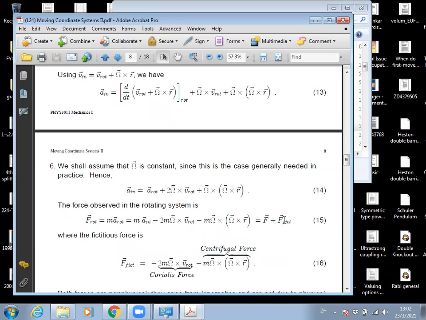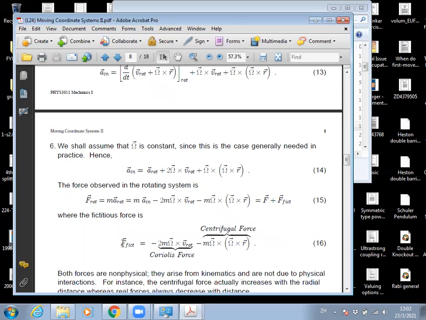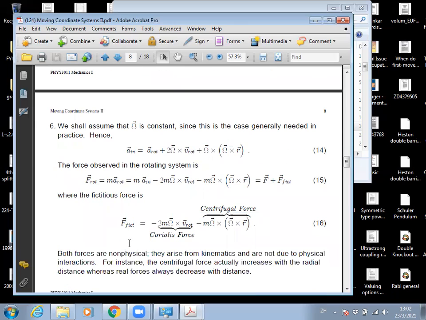We call this correction term the fictitious force. You can see that this fictitious force is much more complicated than in the case of a uniformly accelerating system. It consists of two terms.